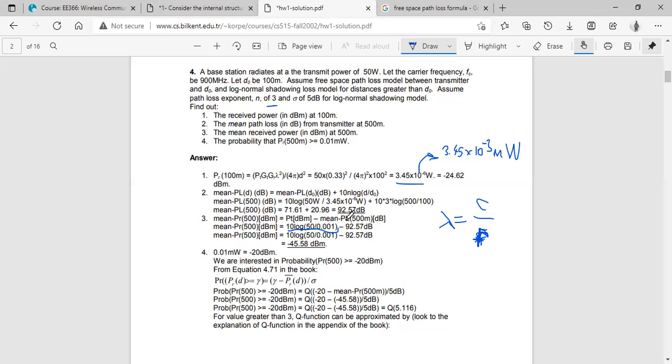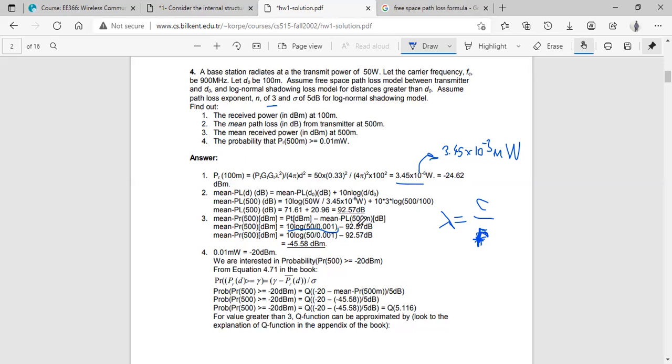The mean path loss value has already been calculated over here, that is 92.57. So 46.98 minus 92.57 dB is going to give us minus 45.58 dBm.